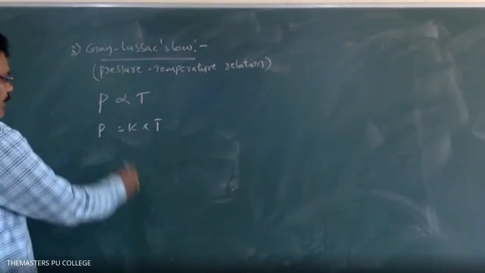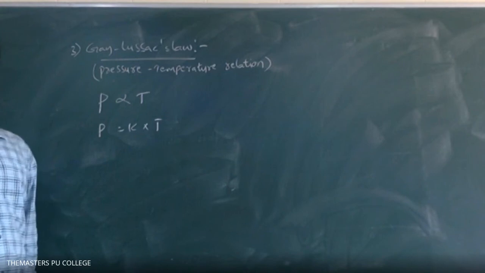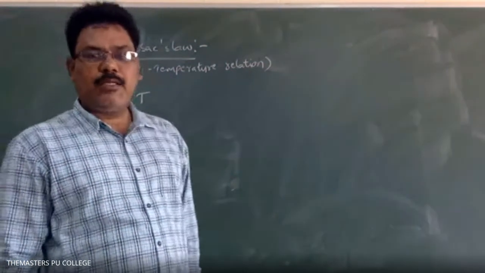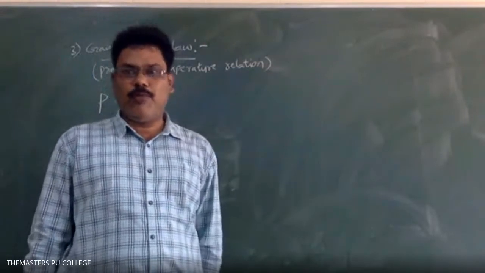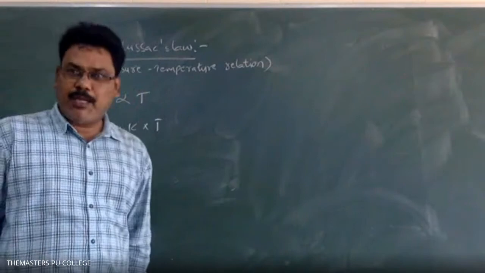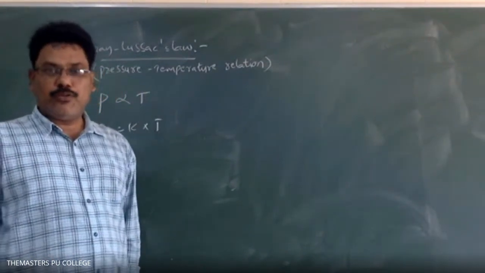From this, for a fixed amount of gas, initial pressure and temperature are P1, T1, and final pressure and temperature are P2, T2. That means at temperature T1 the pressure is P1, and at temperature T2 the pressure is P2.